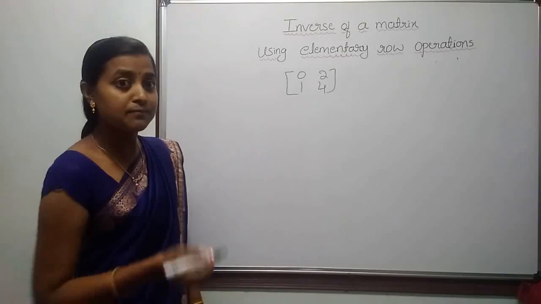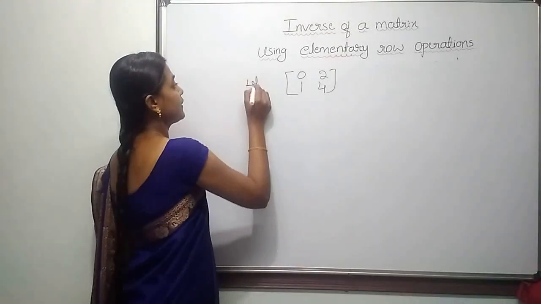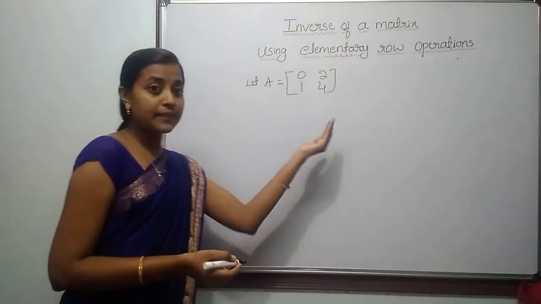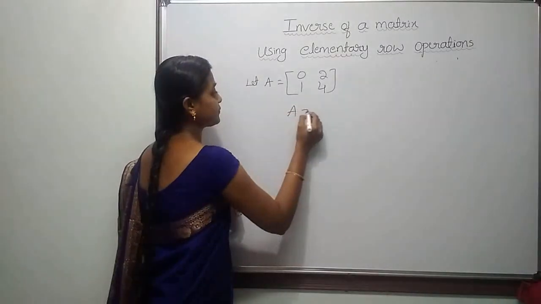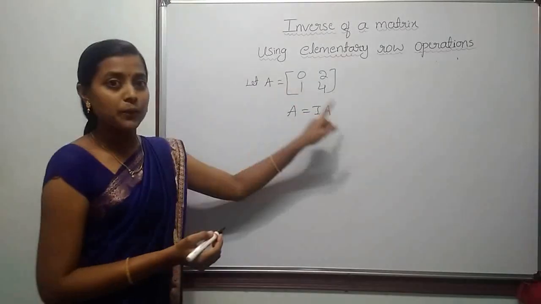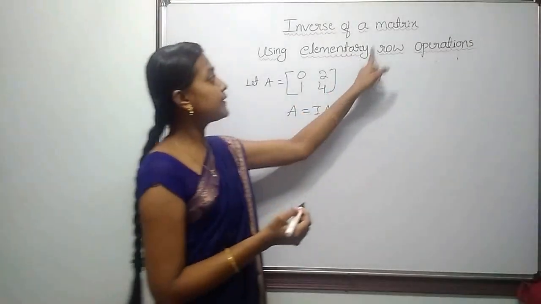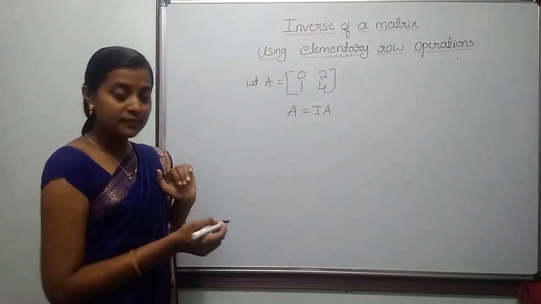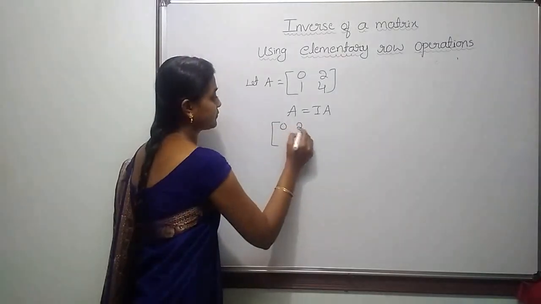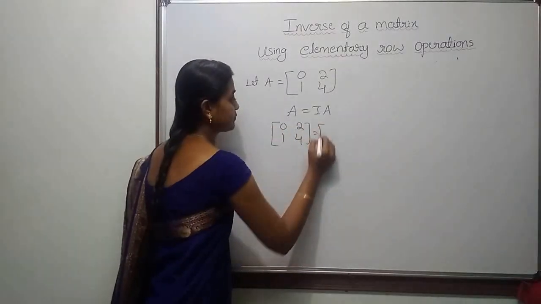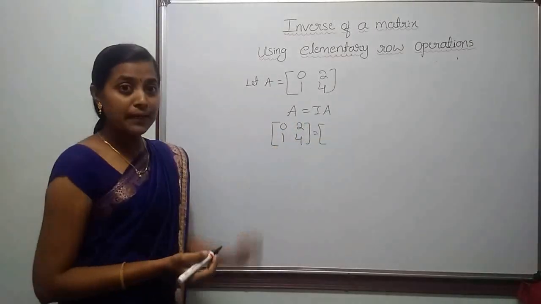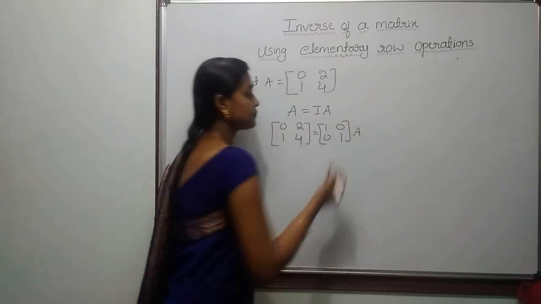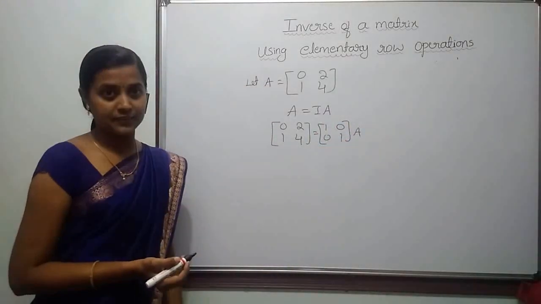To find the inverse, first we consider the given matrix as matrix A. Then we write the equation A is equal to I into A in order to apply the elementary row operation. Substitute the matrix A here, and I'll write the identity matrix in the RHS into A as it is.